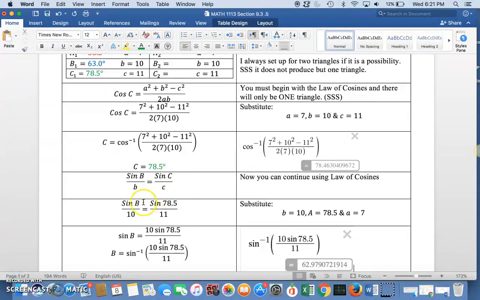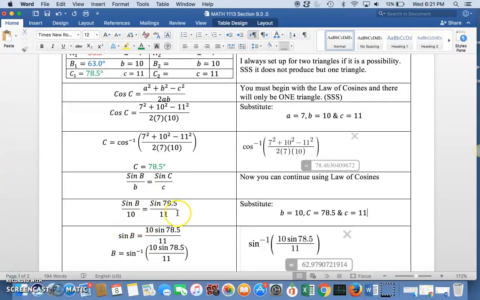You substituted for B and you substitute for C and you substitute for side C. And side C is actually 11. You make those corrections. Okay, I think that's right. That's what we've got in.